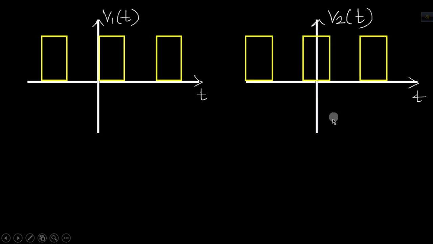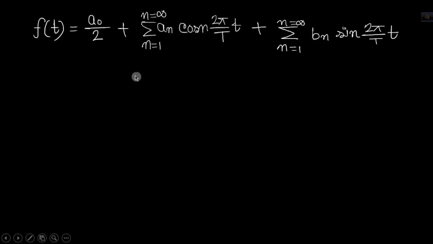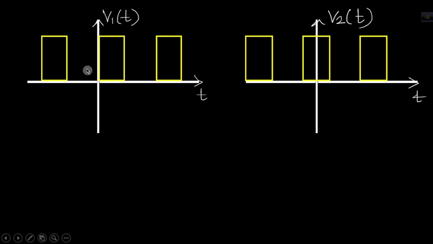Okay, so let's start. To find the equation of these two signals, we have to remember the theory of the Fourier series. At first glance this series might seem difficult, but believe me, this is a very easy series. Let's first assume that this f is some kind of periodic signal. This f can be this signal or this signal.